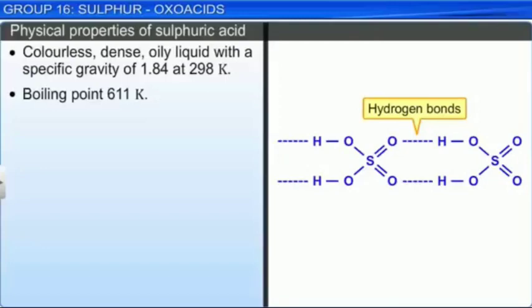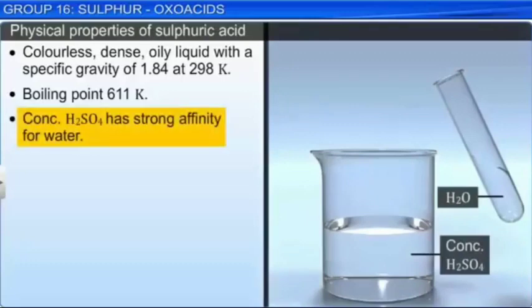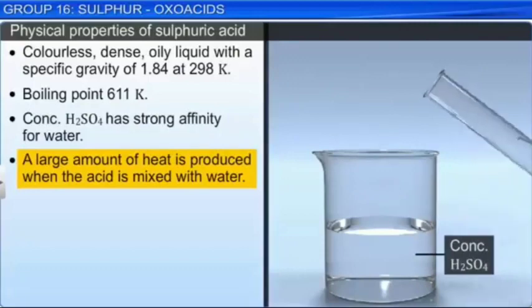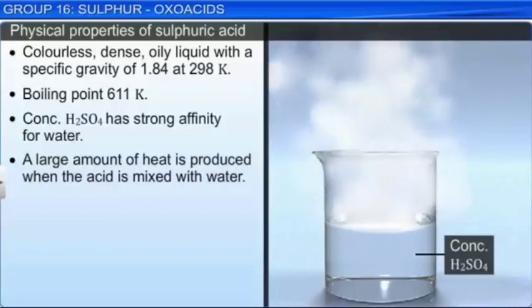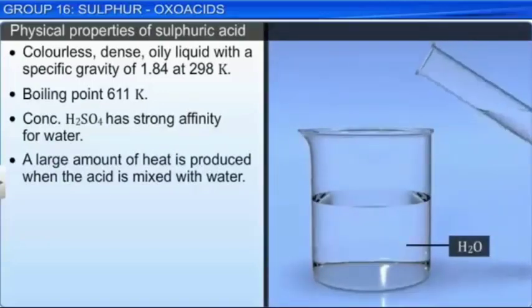Concentrated sulfuric acid has a strong affinity for water. A large amount of heat is produced when the acid is mixed with water. The temperature may rise to as high as 393 Kelvin. Hence, the acid is always diluted by adding it to water slowly with constant stirring.